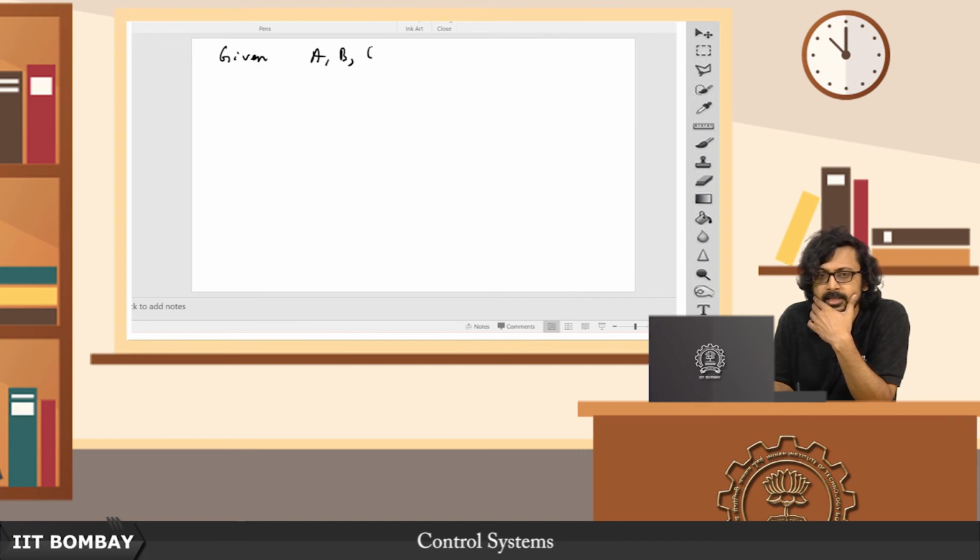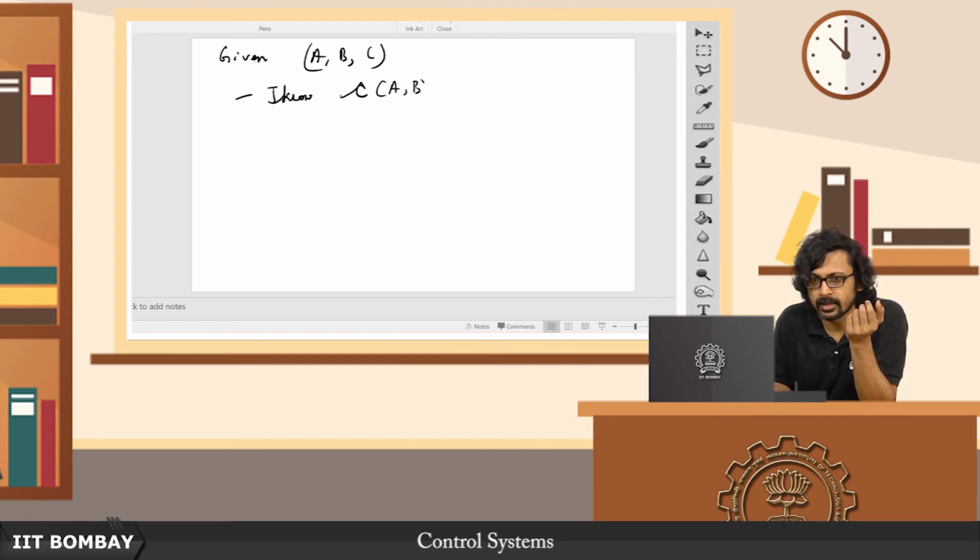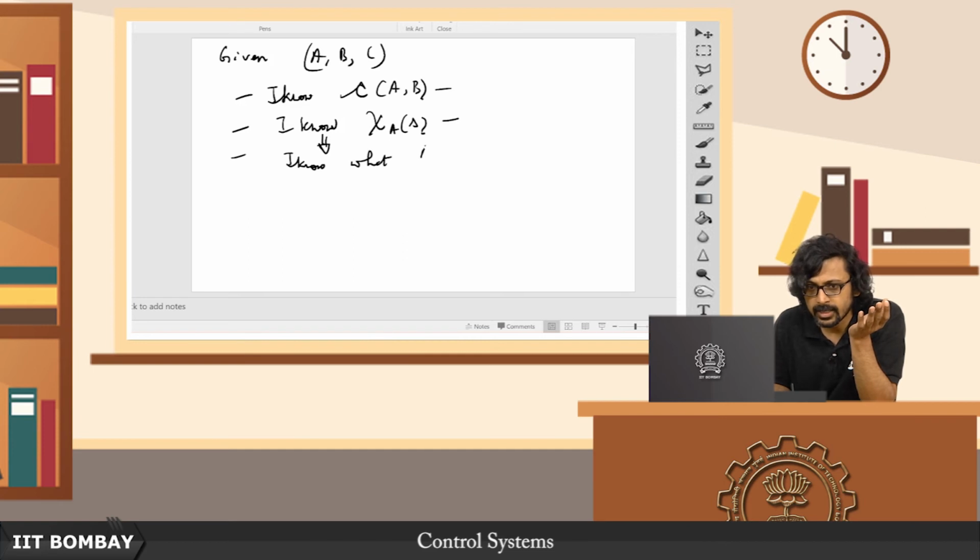So here is the thing, given A, B, C, what do I know? I know the controllability matrix in terms of A, B. Second, I know the characteristic polynomial in terms of A. These two I can independently evaluate, and from knowledge of this I know what A_C looks like exactly, because I know this is a polynomial.